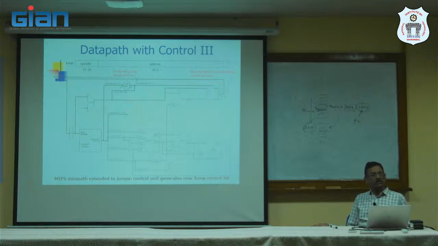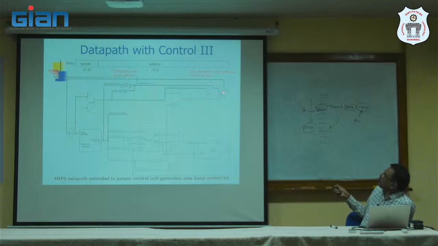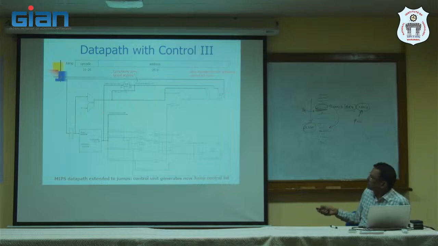The conditional jump instruction we have seen, but to support the unconditional jump instruction, this extra logic, a branch signal with one AND gate followed by this extra multiplexer, is added. That will support the unconditional jump instruction.